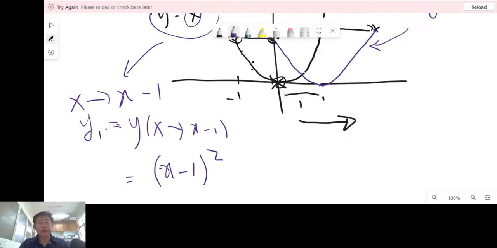So this is the expression of y1, which is obtained from the original function y by replacing the argument x by x minus 1.